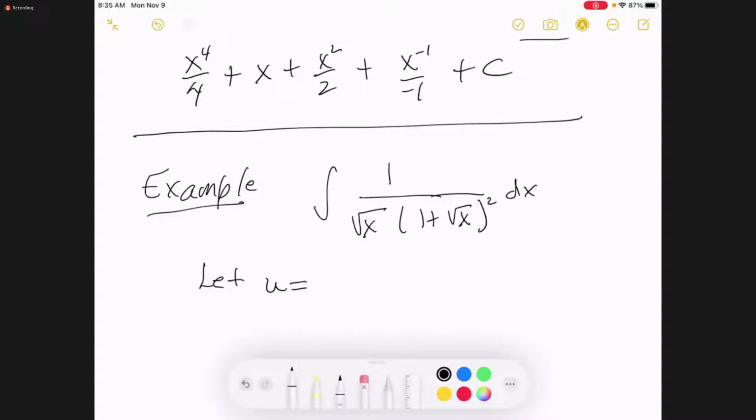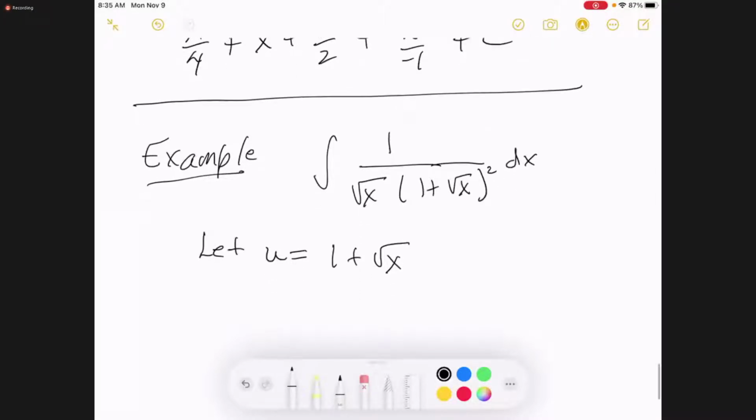I would assume it would be 1 plus the square root of x. I think that's a good choice. Okay. And why does that work?